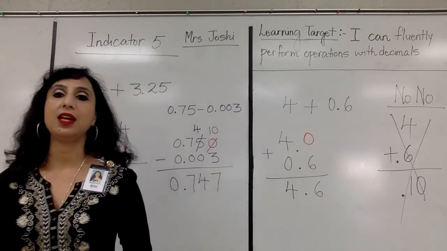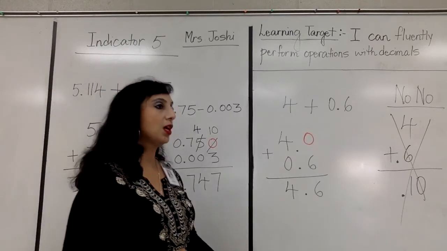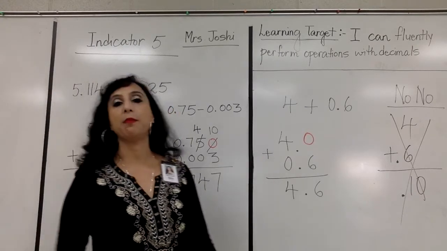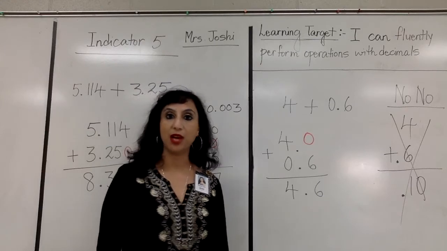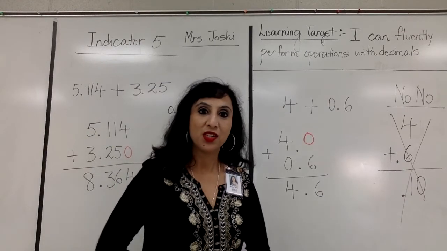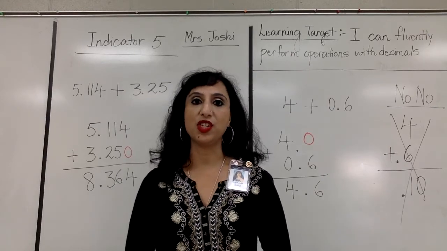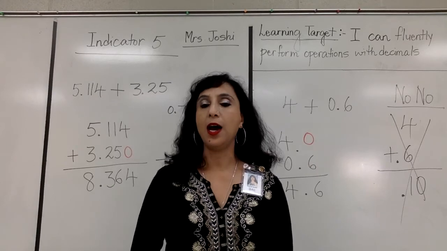So 4 and 6/10 is the answer. So be very, very careful how you are placing those numbers in your addition and subtraction. Remember to do it based on columns. All right. Okay, so this was the first operation with decimals, which is addition and subtraction.